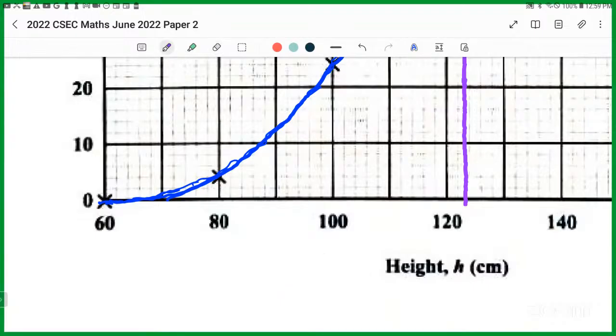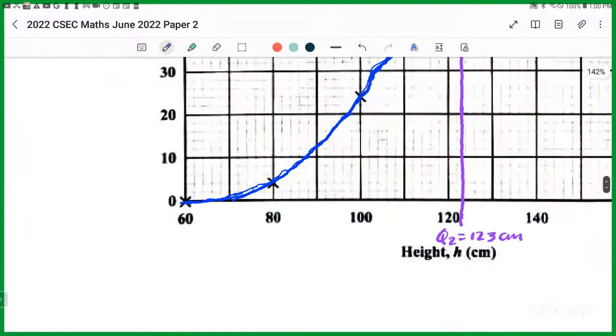So this is 120, 122. It should be 124. So right between them, this is 123. So this now is your median Q2, it is 123. Unit of measure centimeters. 123 centimeters approximately.